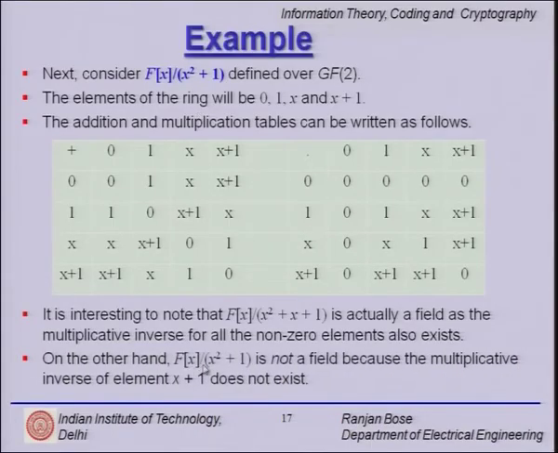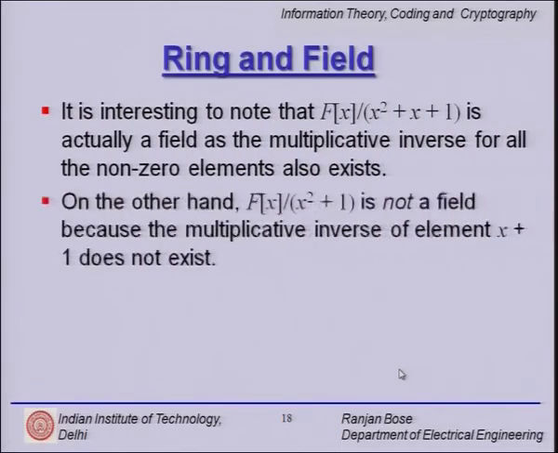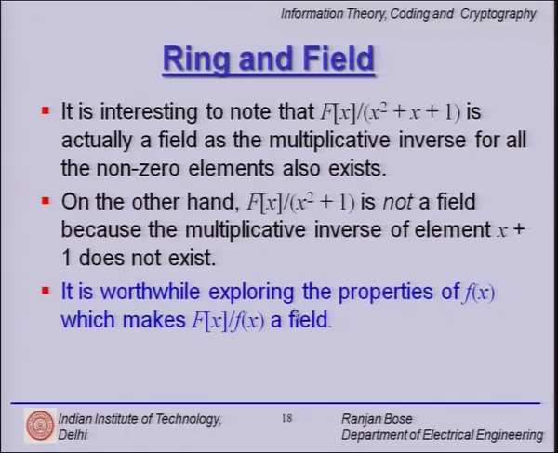So, f of x divided by x squared plus 1 is not a field, whereas f of x divided by x squared plus x plus 1 is a field. Now we connect these two concepts about why one gives a field and the other does not. Let us explore what properties of this f of x lead us to generating a field.